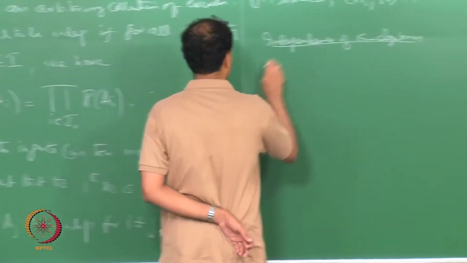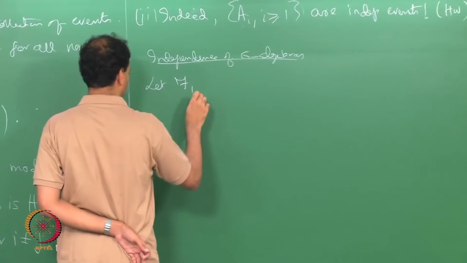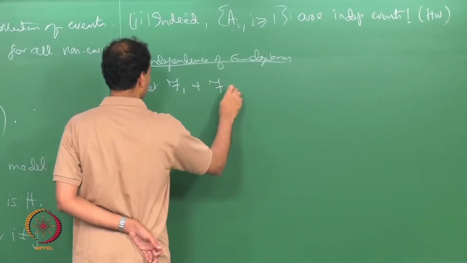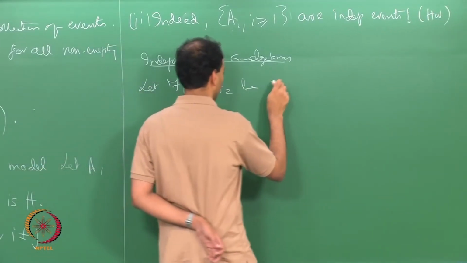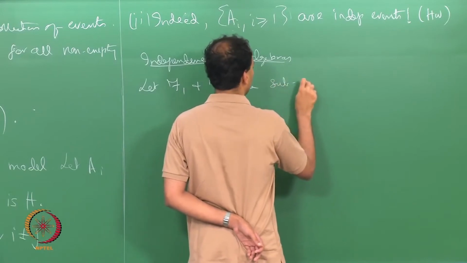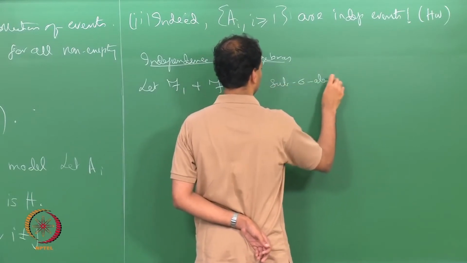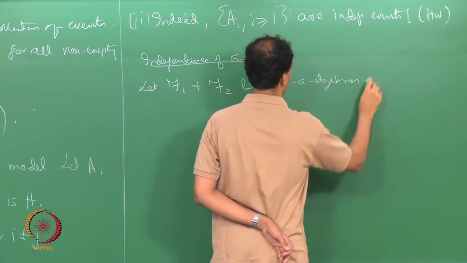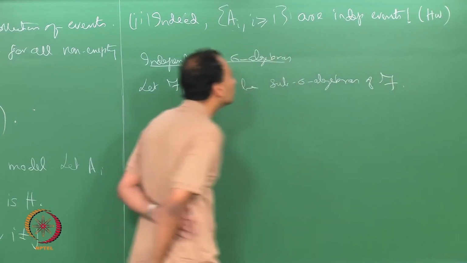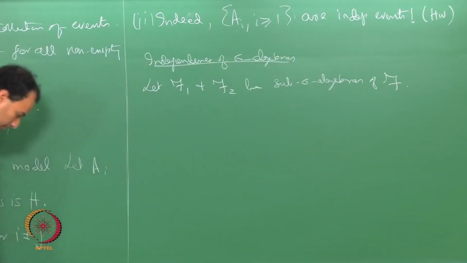So we will say let F1 and F2 be sub sigma algebras. So what does that mean?